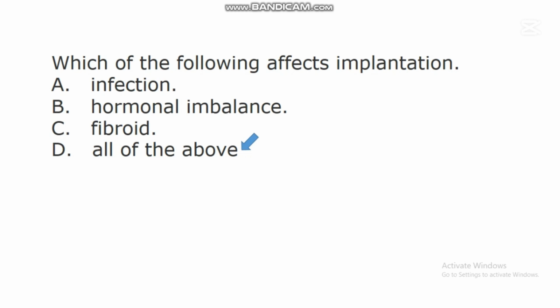Another factor that can affect implantation is fibroid. Fibroid is a problem in the womb of women. So there are some women that are having this challenge known as fibroid. Studies have shown that this fibroid can affect successful implantation. All these things are different factors that affect implantation.